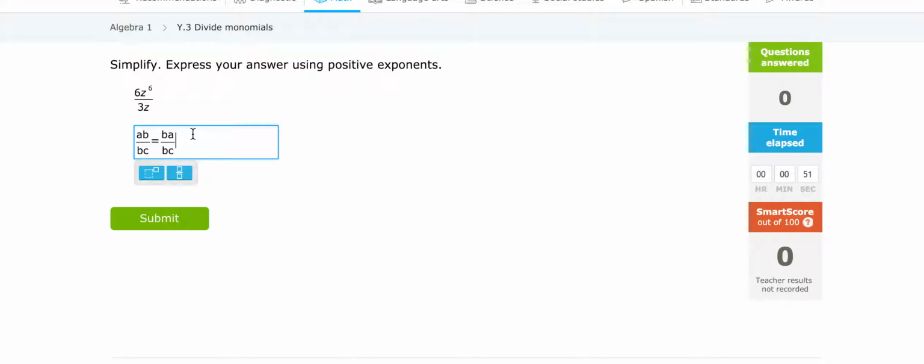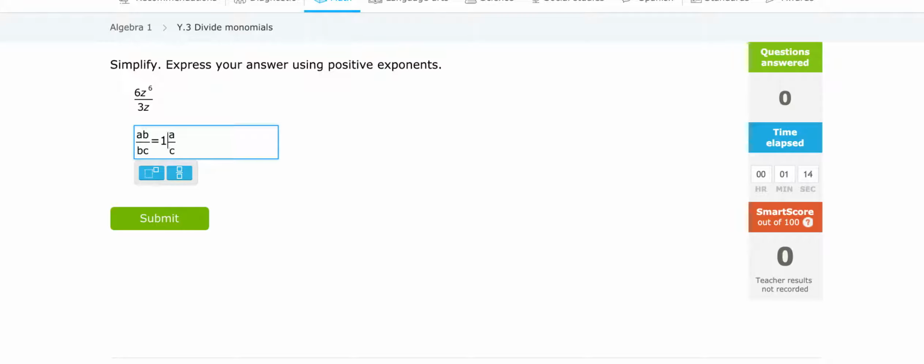So if I want to flip them, I can flip them. And then if I want to write it, I can write it as two separate fractions. So I would write B over B and A over C, right? So these two are equal. And what we should realize is that when you have something on the top and on the bottom that are identical, it simplifies to 1, right?